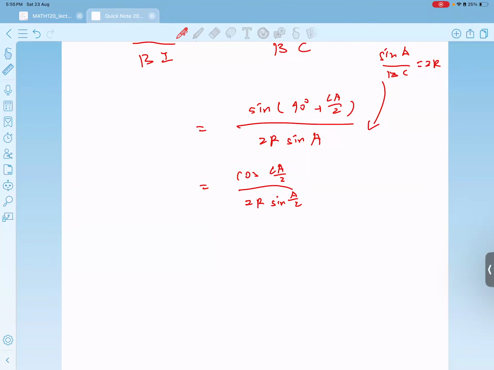It's just this times this times this. BI comes from this triangle. Oh yeah, thanks. Did I mess something up? You rearrange it to the other side.